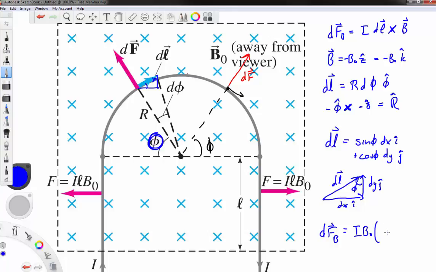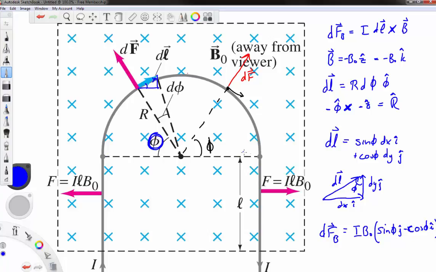It basically is going to lead us to a sine of phi in the j hat direction. And then we have cosine phi j hat cross negative k hat. J hat cross k hat is i hat, so the negative of that is actually going to be negative i hat. So we have cosine phi times i hat with a negative.